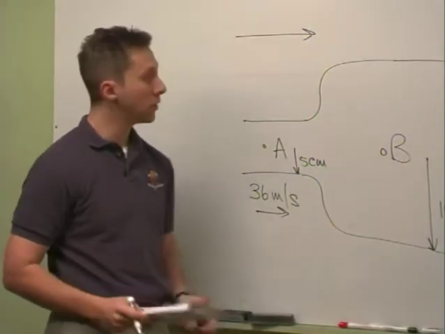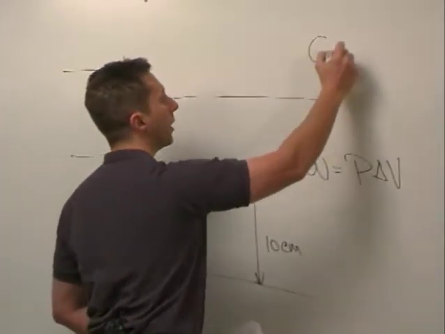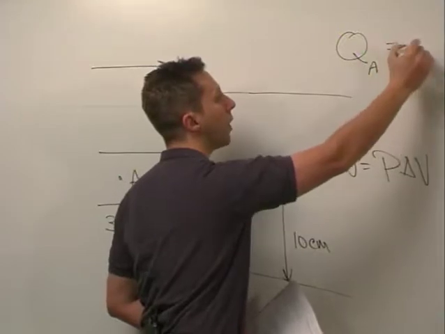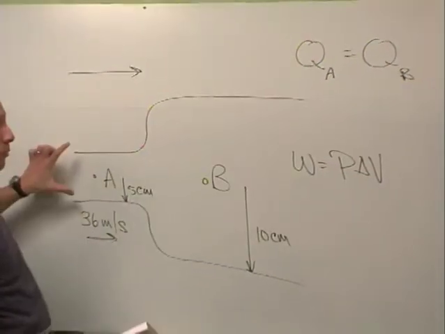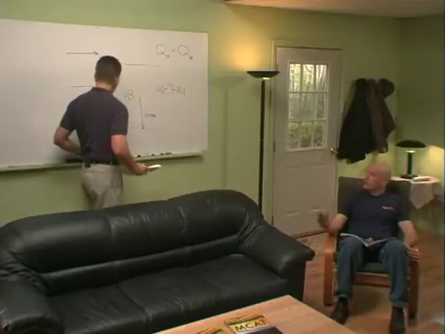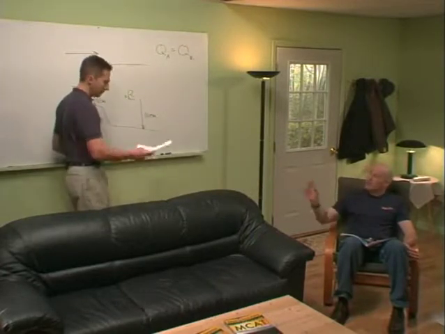Now what's going on here is there's a couple of formulas that you have to know and relate to this. The first formula is Q sub A in an ideal fluid flowing: Q sub A equals Q sub B. In other words, fluid flow in region A equals fluid flow in region B. That's must-know information, and that's just another way to say that volume flow rate is constant in an ideal fluid.